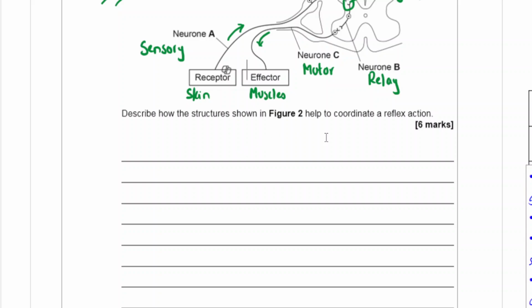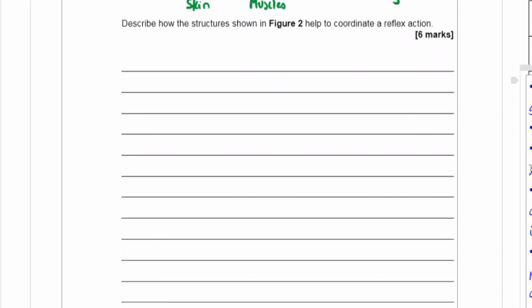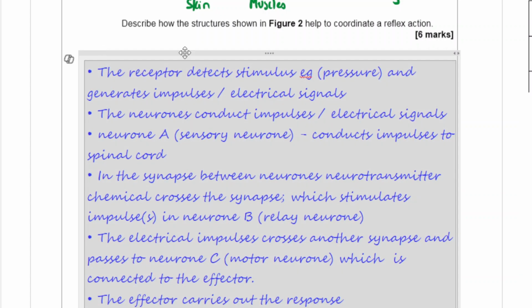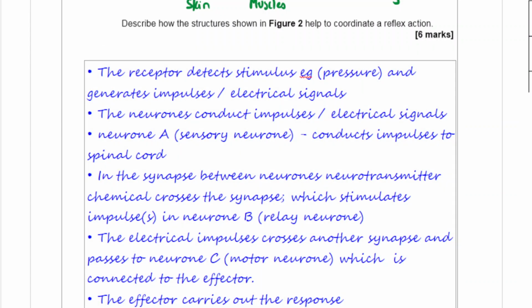So here's a model answer from the marking scheme. The receptor detects the stimulus, pressure, and generates impulses or electrical signals. So they have given pressure as an example. You can say temperature as well, or pain. Pain is related to the pressure. The neurons conduct impulses or electrical signals. Neuron A, which is a sensory neuron, conducts impulses to the spinal cord.